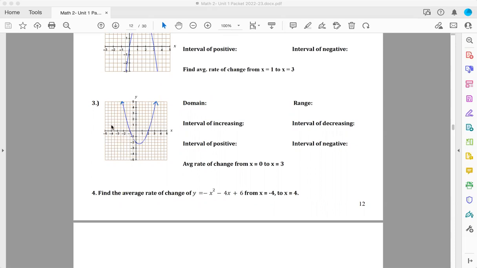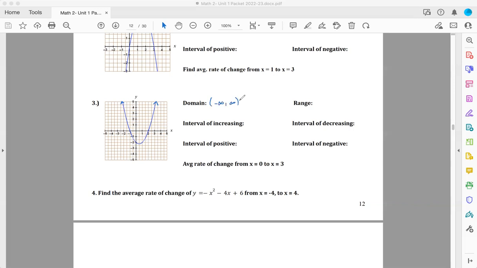These x values, if you keep going here on the graph, it's going to map against the entire x-axis. So all these values of the graph will have an x value. And if you keep going to the right, you will also map against the x-axis. We mentioned this in class, and we said that the domain for a quadratic is always -infinity to infinity. So keep that in mind.